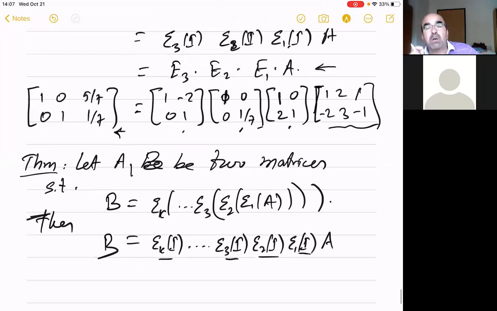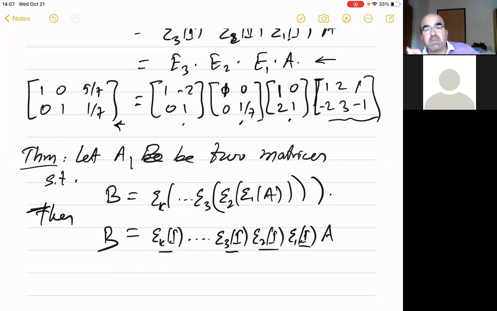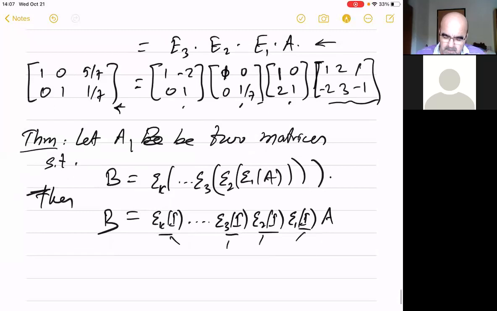Elementary matrix, remember, is the matrix obtained from the identity by a single row operation. So these are the matrices obtained from the identity by single row operations. Elementary matrices.